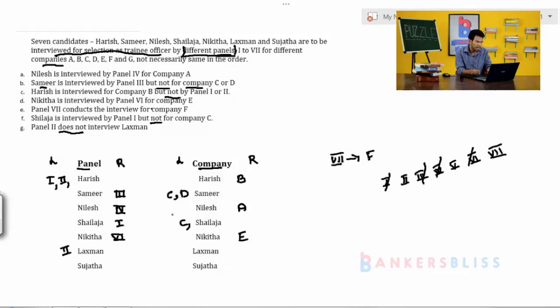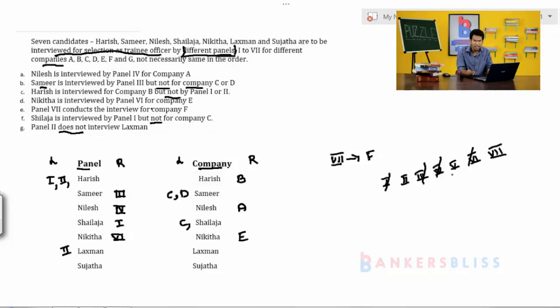Okay. What do we have to do? Look here. First and second are not by Harish. It means only fifth and seventh are remaining for Harish. First and second do not relate to the panel of Mr. Harish. Here second does not come for Harish.